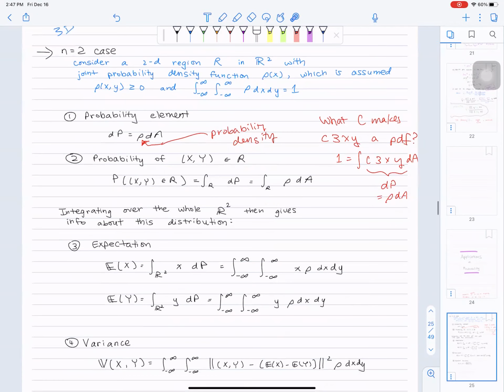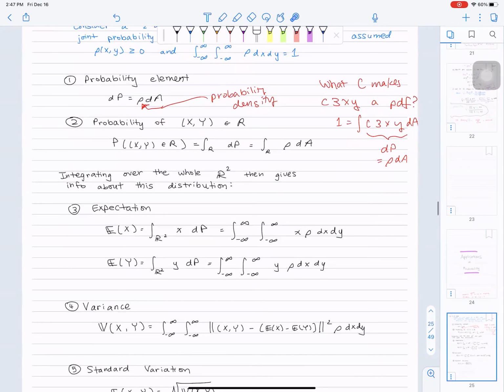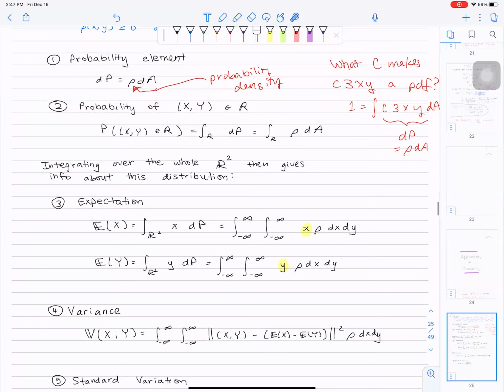Okay, so with probability, we also have formulas for expectation, right? Expectation is going to be the double integral of x times the probability density function, dx dy. We have this x in here because it's the x coordinate of the expectation. For the y coordinate of the expectation, we have a y here. Now for this notation, you see that I've written negative infinity to infinity on both bounds. It's not always the case that it's negative infinity to positive infinity.